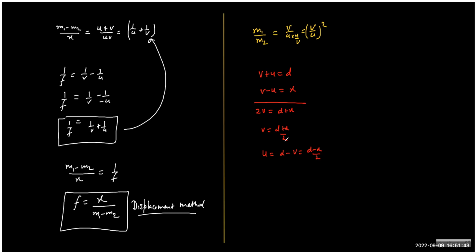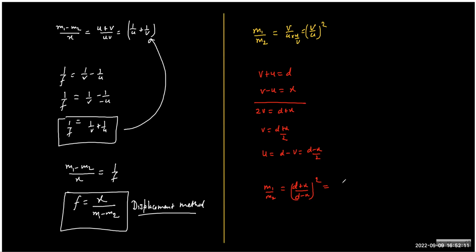The V and U can be expressed in terms of the separation and displacement, and therefore M1 by M2 is (V by U), which is basically ((D plus X) by (D minus X)) whole square. This is also a nice one. What else you can do?